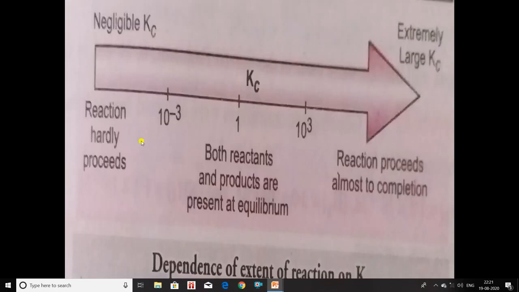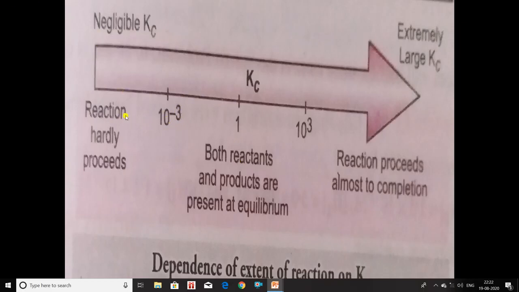Now here this is a diagram which is showing the same thing: if the value of Kc lies between 10 to the power minus 3 to 10 to the power 3, that means the concentrations of reactant and product are comparable and they are in equilibrium. If the value of Kc is less than 10 to the power minus 3, that means the reaction is in backward direction.